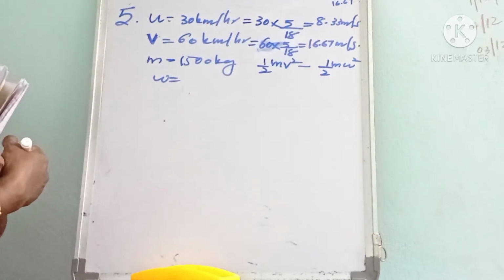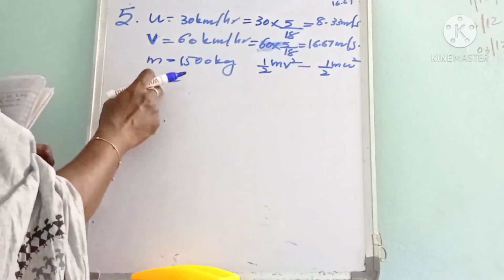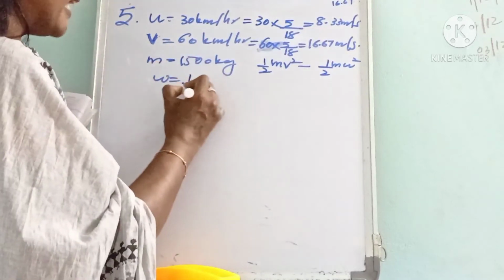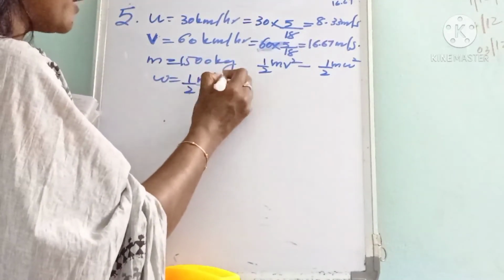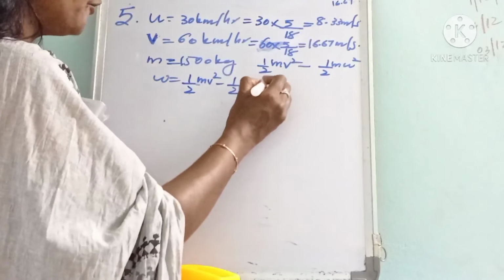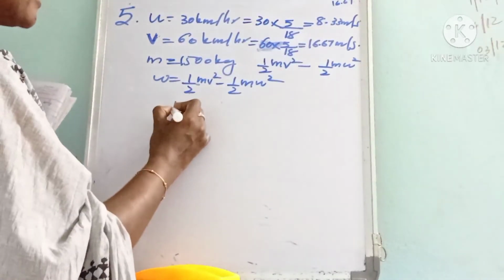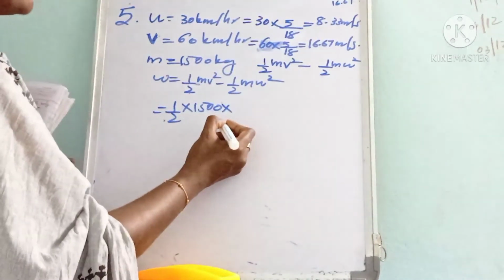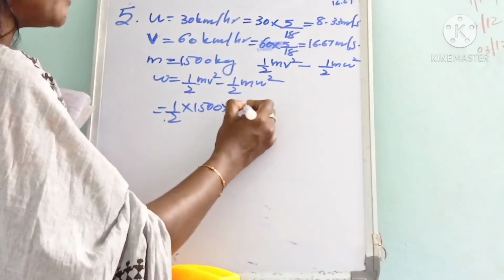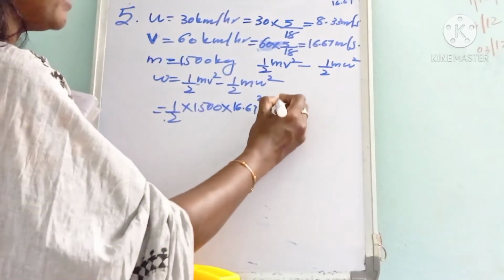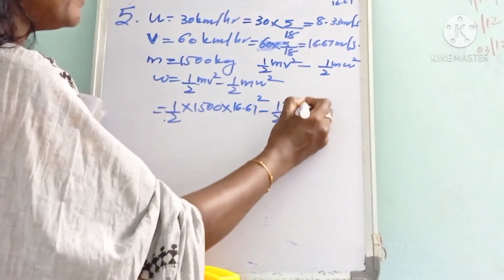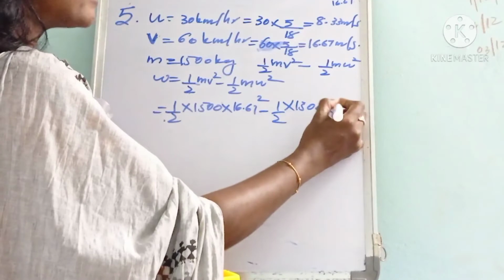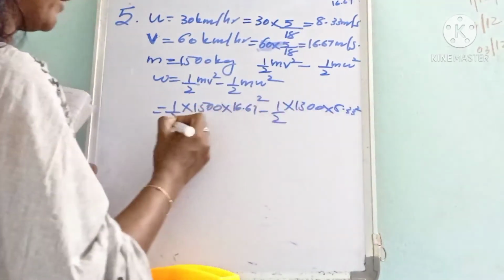So work done is equal to half mv square minus half mu square. Then we can substitute half into m is 1500 into v square is 16.67 square, minus half into m is 1500, u square is 8.33 square.